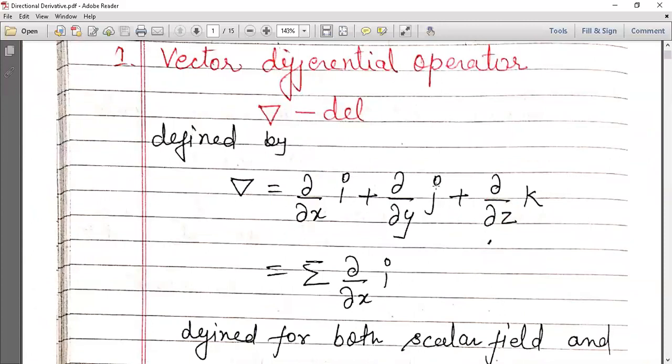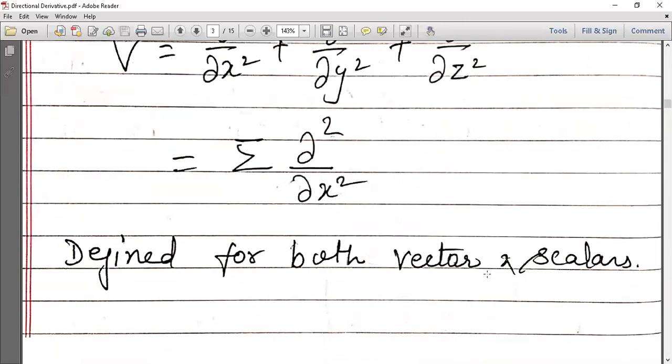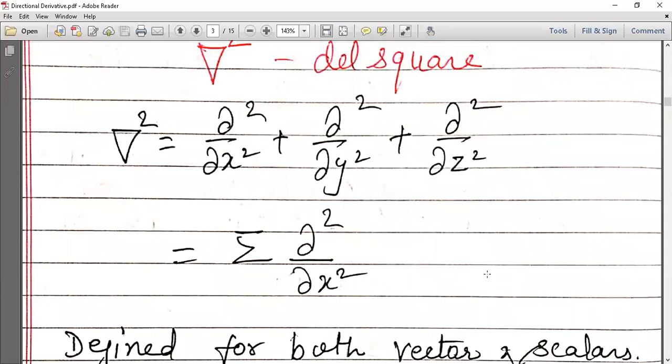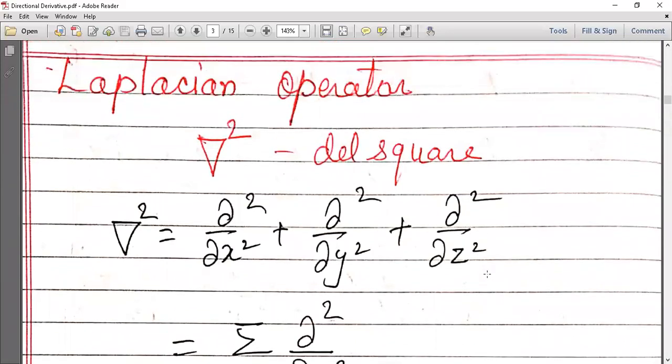Again i with i, j with j, and k with k get multiplied, and we get ∂²/∂x², ∂²/∂y², and ∂²/∂z². In that way we define the Laplacian operator. The Laplacian operator is defined for both scalar and vector fields.